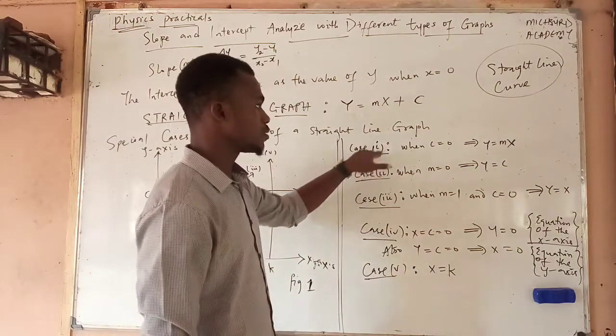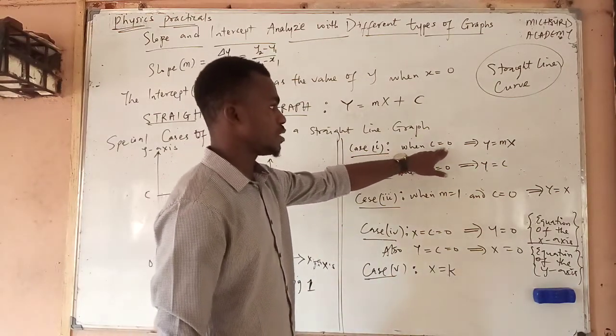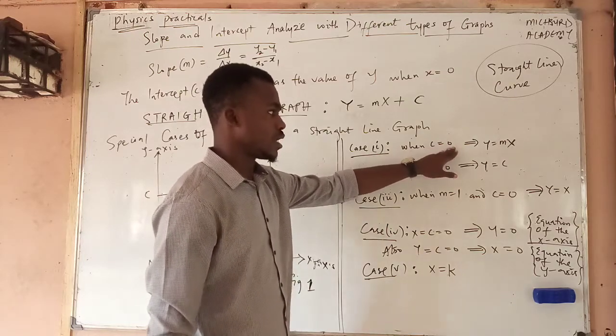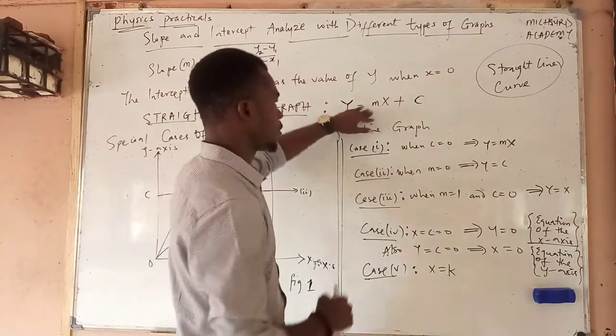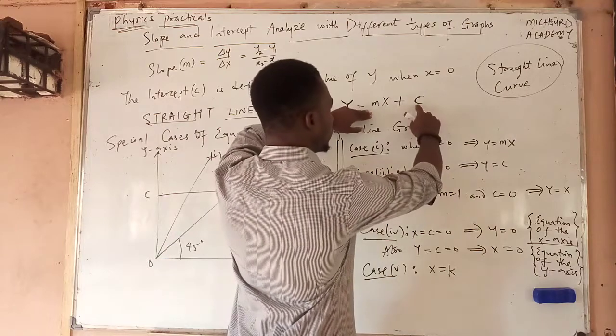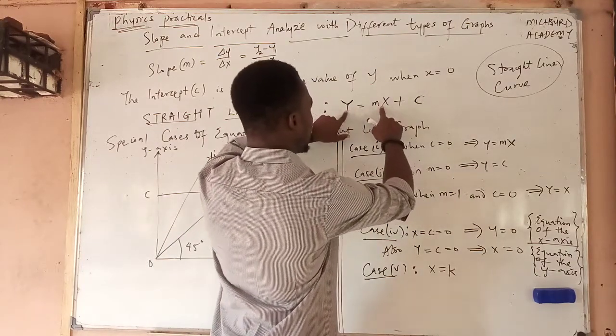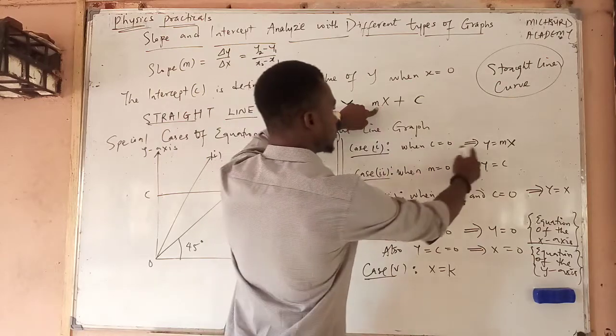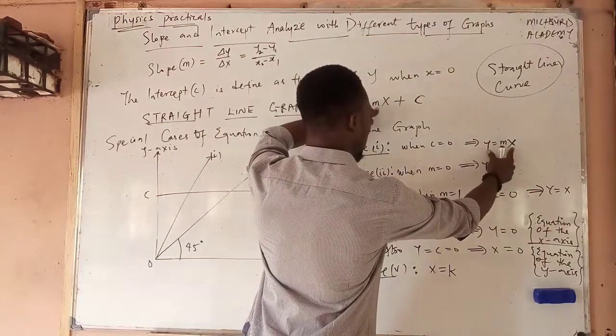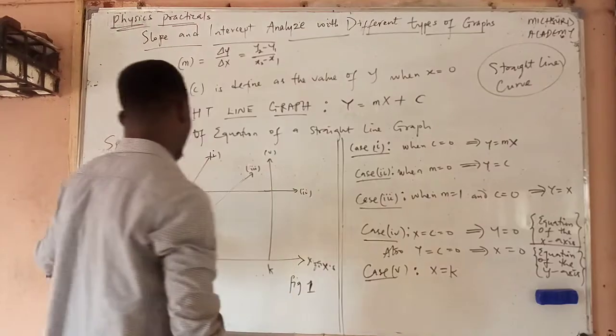For case 1, when c is equal to 0, then this term is out, right? So what we have is that y is equal to mx. That is for case 1.